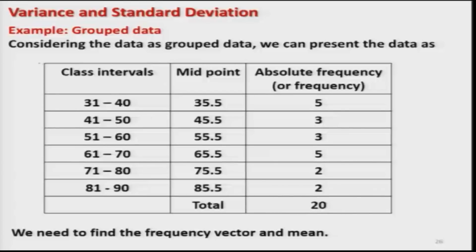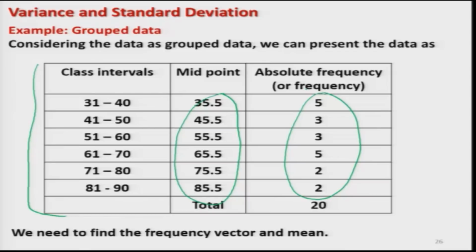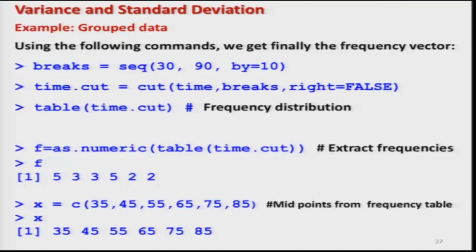So, you see the given data has been classified into 6 class intervals, and these are the midpoints and these are the absolute frequencies that we already obtained, and now we need to find the frequency vector and mean from the given data. We had used the breaks and then the cut command, and with the outcome of the cut command we created a frequency table using the table command.